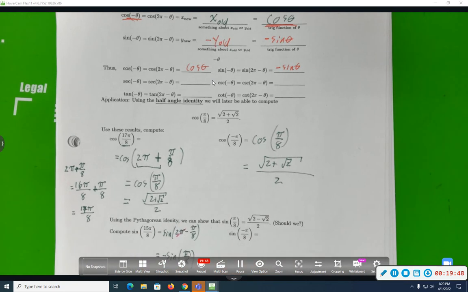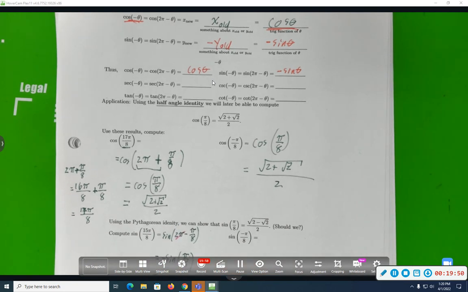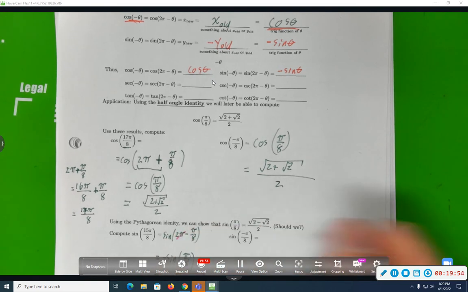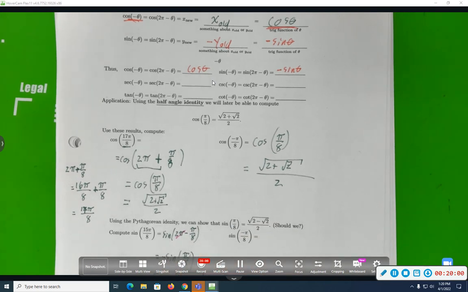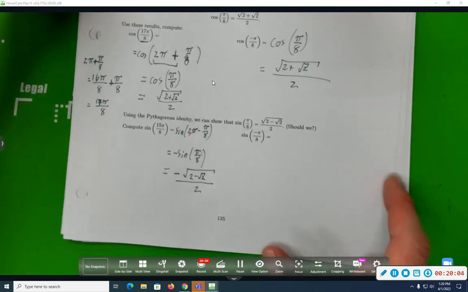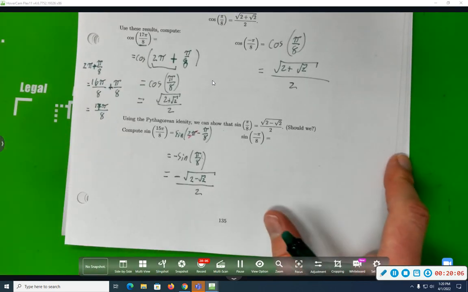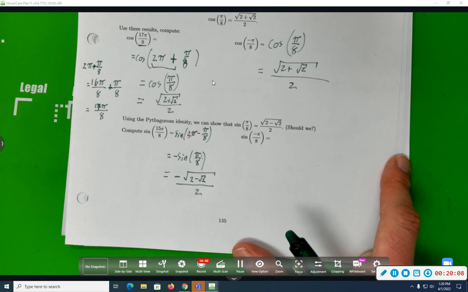Do I already know what sine of pi over 8 is? Yeah, so I'll just plug that in. Apparently I stick with that negative sign. Cool. That feel pretty good? How about sine of negative pi over 8? What's that equal to?